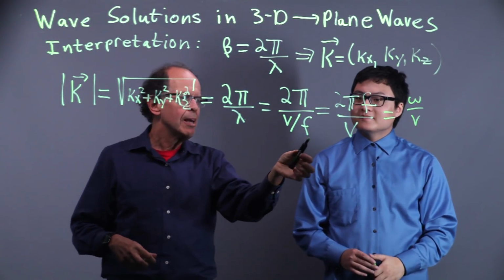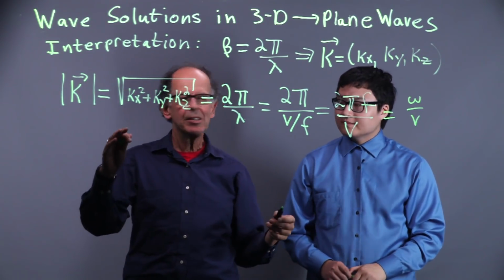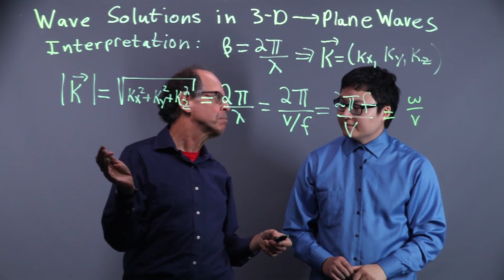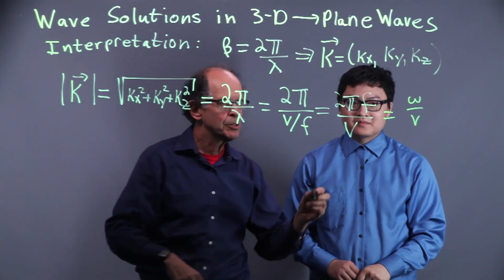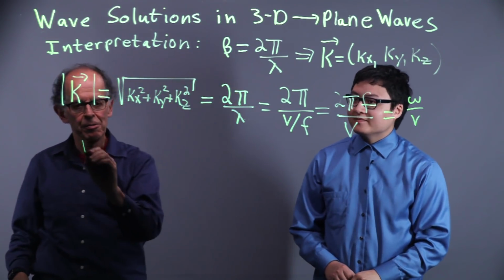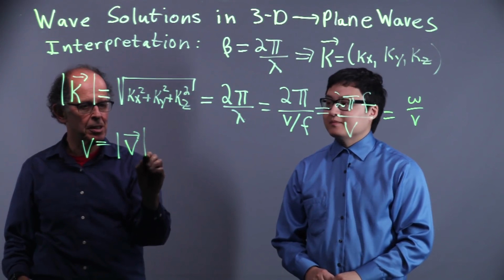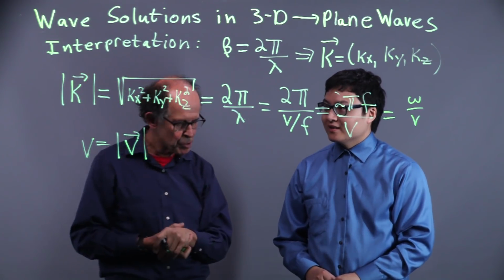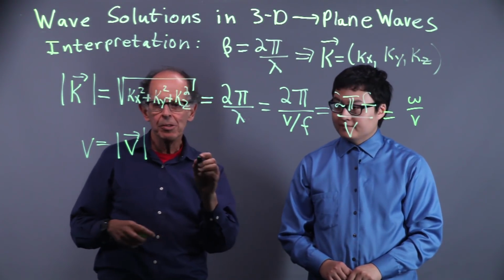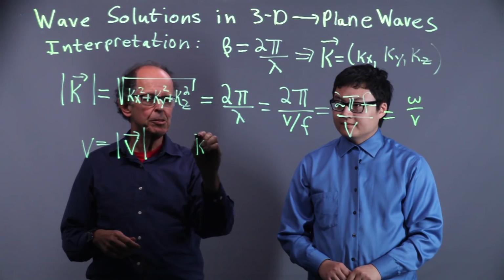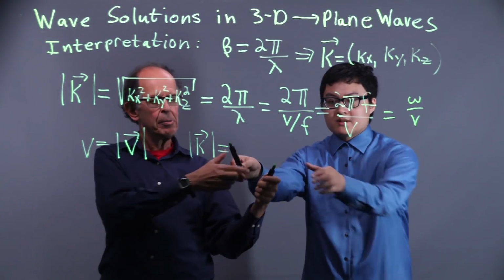Now v is a scalar, but we might think that in some cases v might be a vector, and this v here would actually be the magnitude of a vector v, which we know in terms of the sum of components. And we also know that the magnitude of k is equal to omega over v.